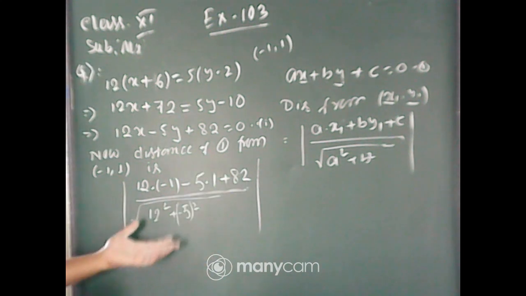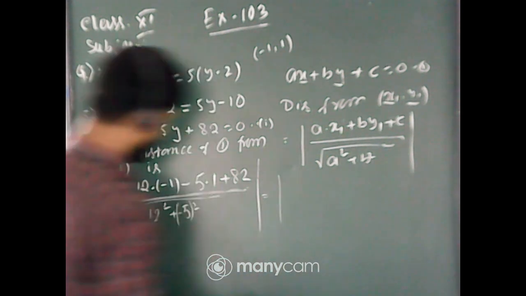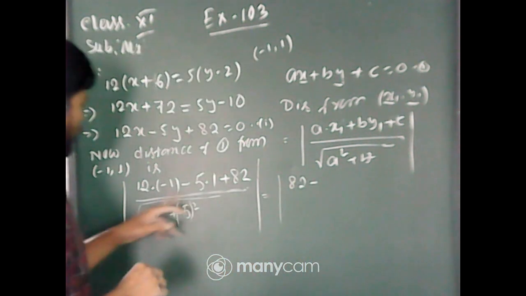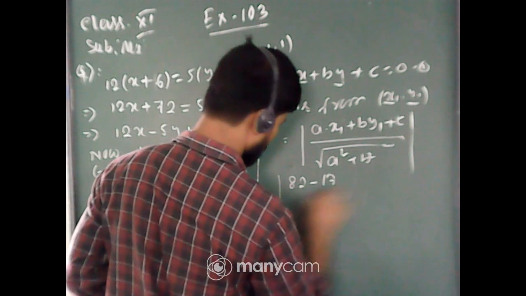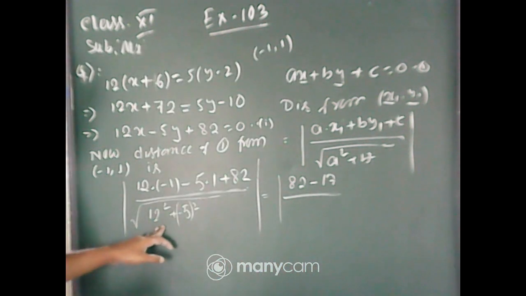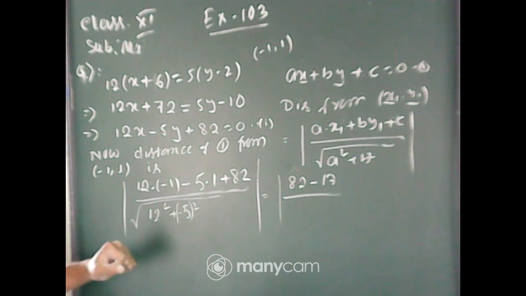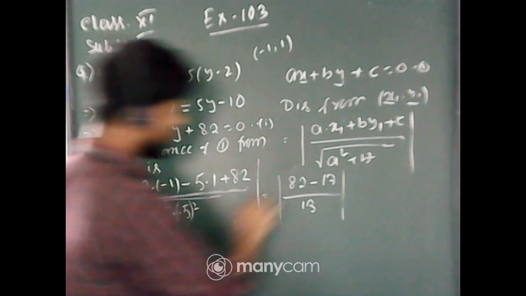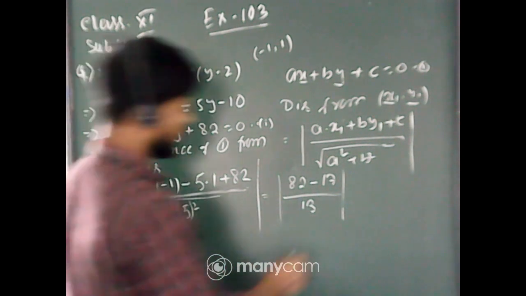Now we just do the calculation. It will be mod of 82 minus 5 minus 12, so 65, divided by root over of 144 plus 25, that means 169, root over of 169 means 13. So divide the result by 13.